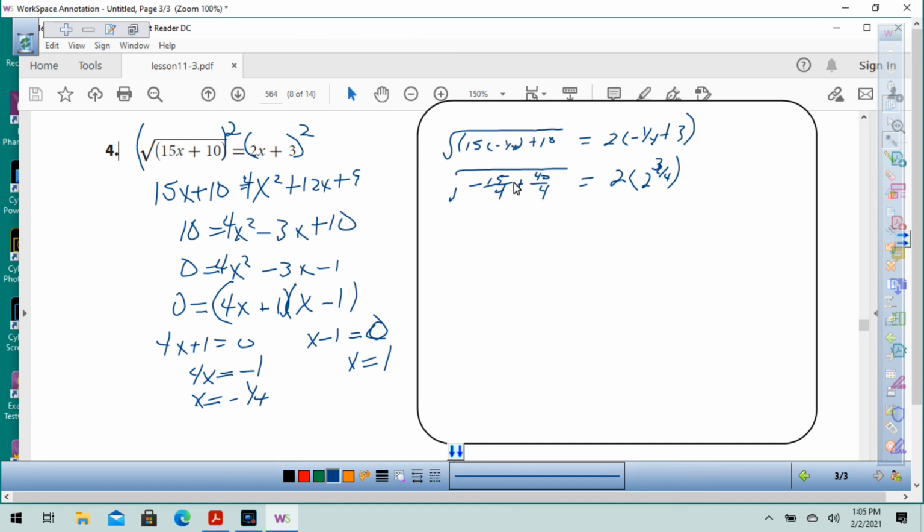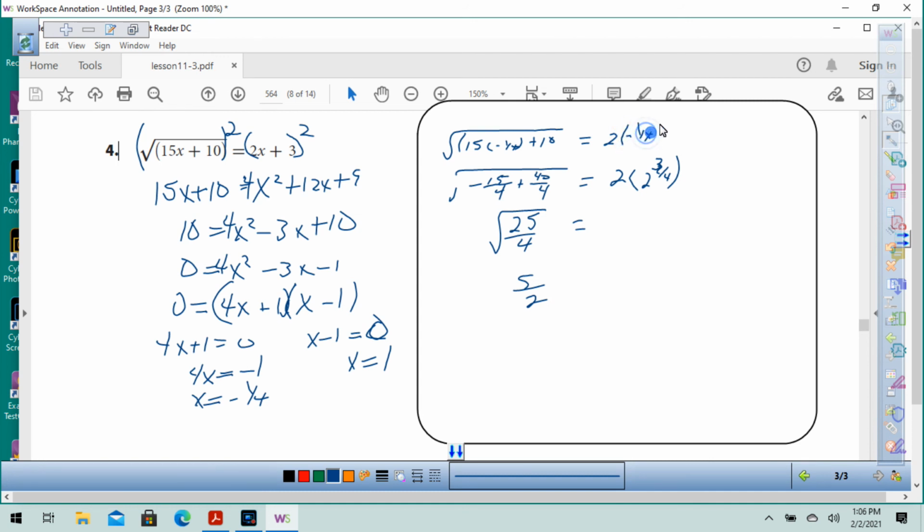And let's try that. That's going to give us the square root of 25 fourths, which is 5 halves. Oh, that was not supposed to be in parentheses.